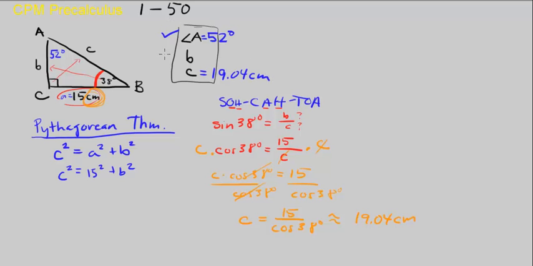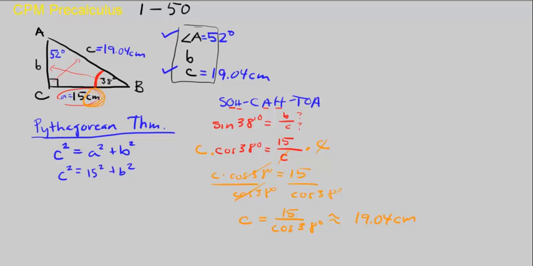I'm just keeping this here as my answer box, so when I'm done, I know I have all the missing parts. Okay. Finally, we need to find out side B, right? We know C is equal to 19.04 centimeters, so we have one unknown still, that's side B.